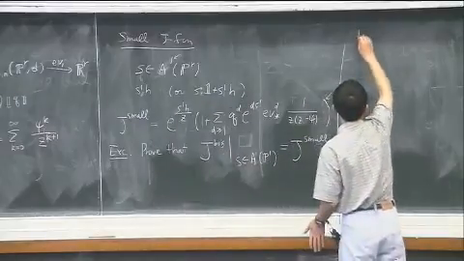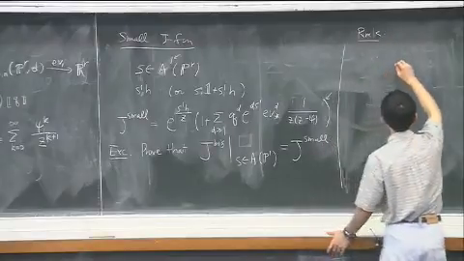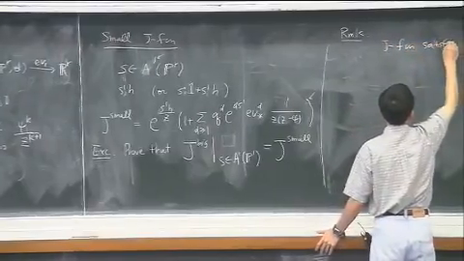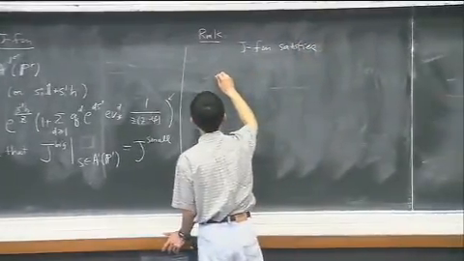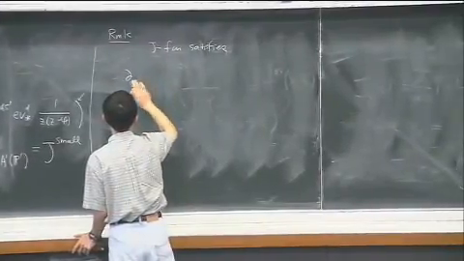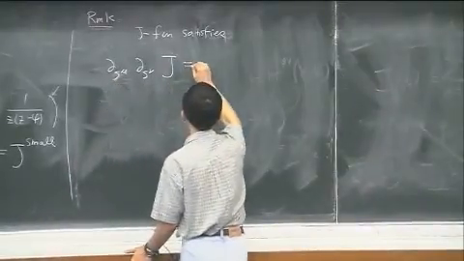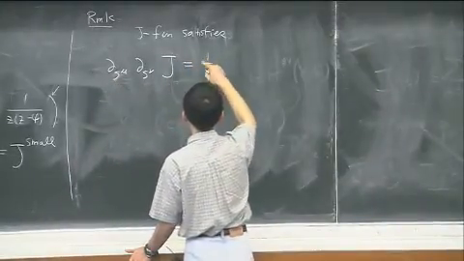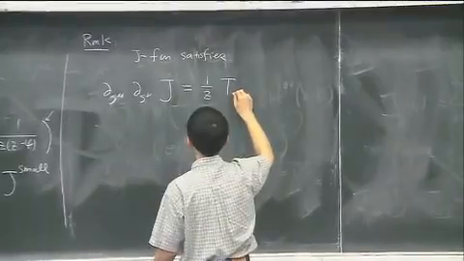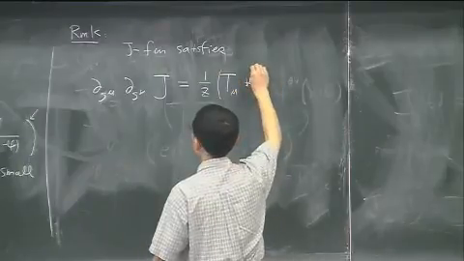Because you heard about this today, I will remark that this big J function satisfies a differential equation: S mu J is the same as, I forgot plus minus, T mu star.